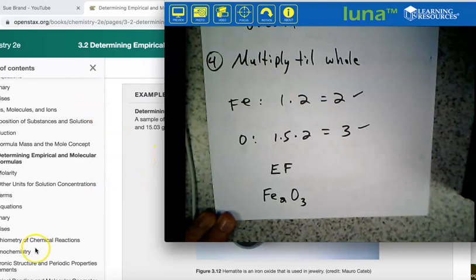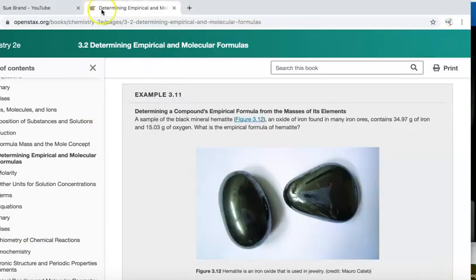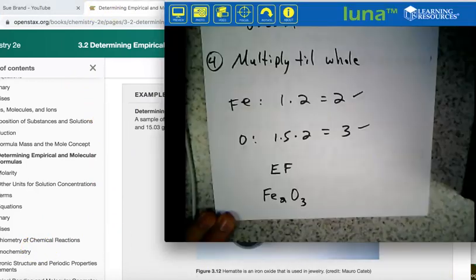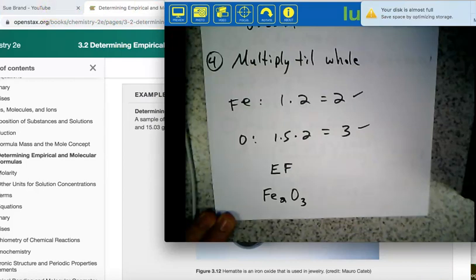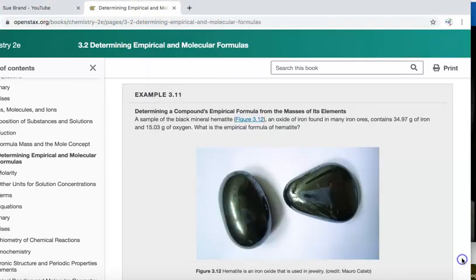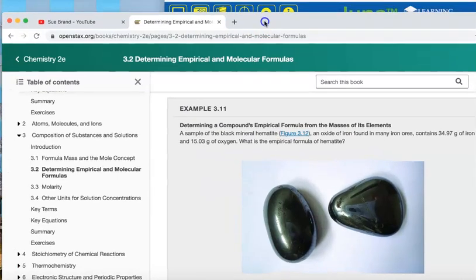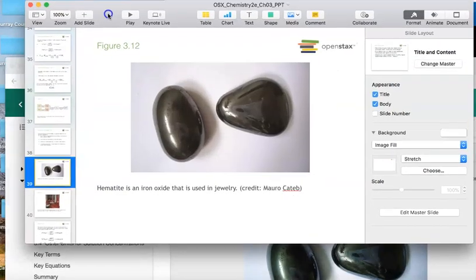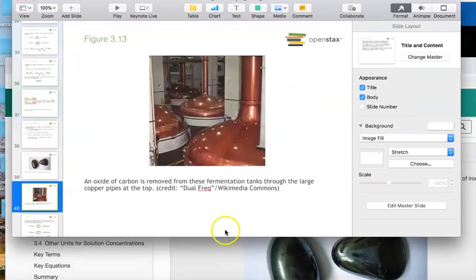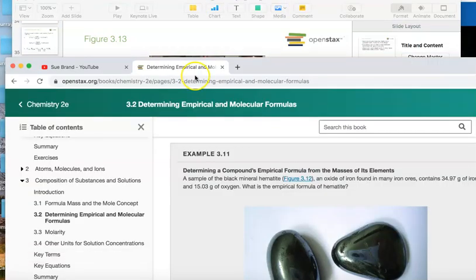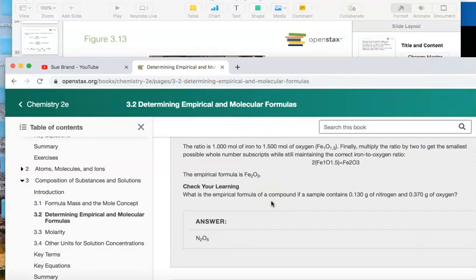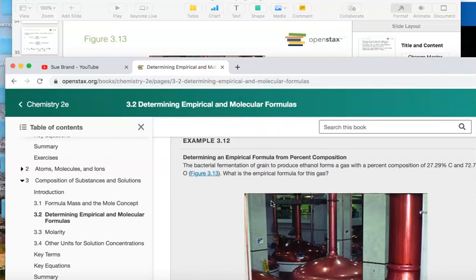All right, so let's go back to our textbook, or our PowerPoint. We see another problem here that they want us to go through. It's another empirical formula problem. It's example number 3.12.